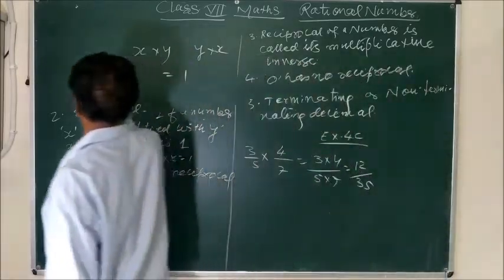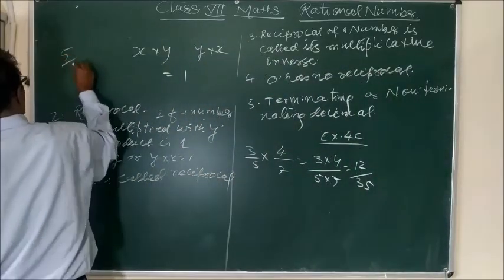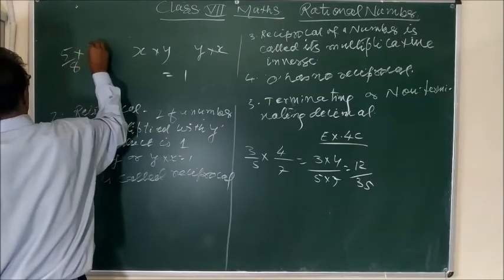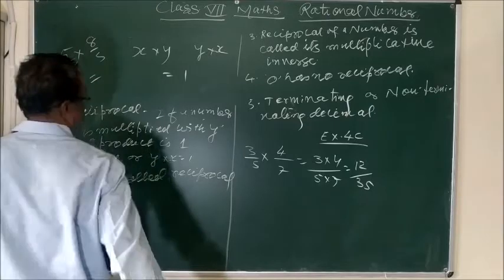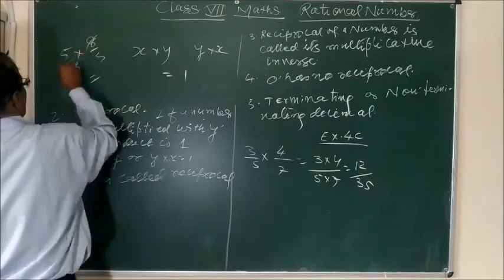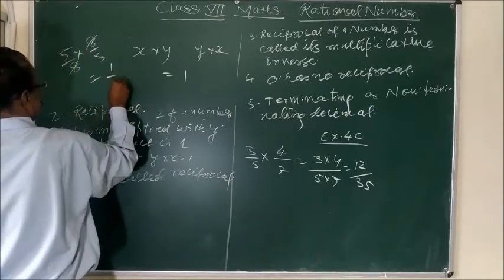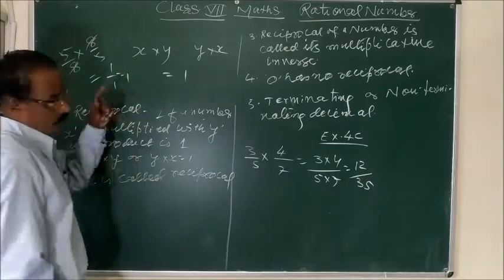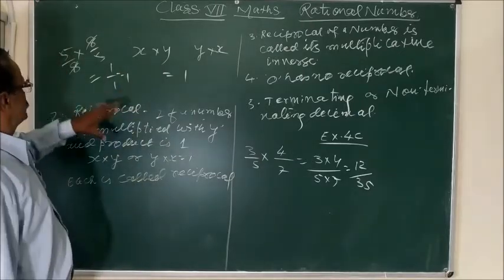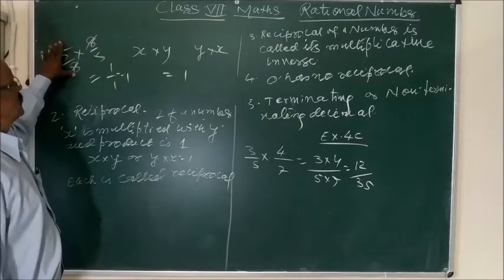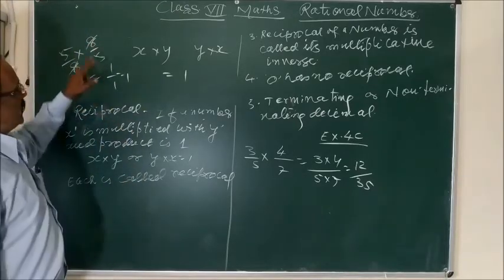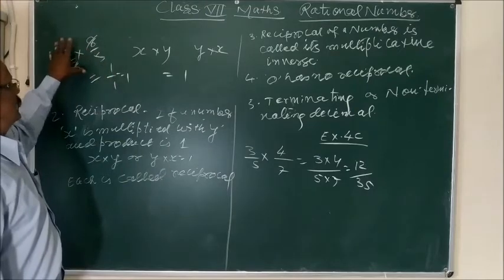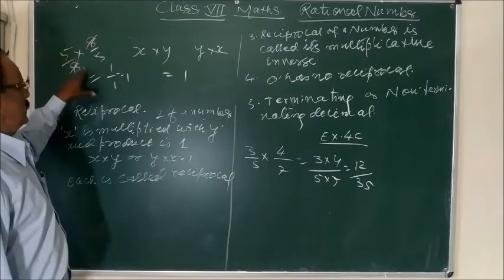Suppose 5 by 8, and you multiply by 8 by 5, what will be the product? So 8 will be cancelled, 5 cancelled, 1 by 1, this is 1. The product is 1, so it means 5 by 8 is a reciprocal of 8 by 5, or 8 by 5 is a reciprocal of 5 by 8.